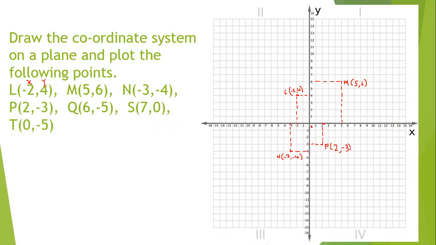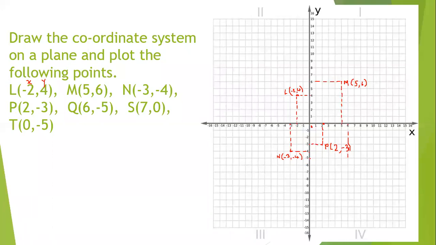Now, the next point is point Q, and the coordinates are (6, -5). So on x-axis, I can see 6 over here, and on y-axis, -5 is here, downward, right? Below x-axis. So from 6, we will start drawing the dotted lines till -5.